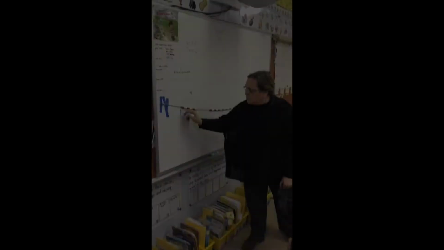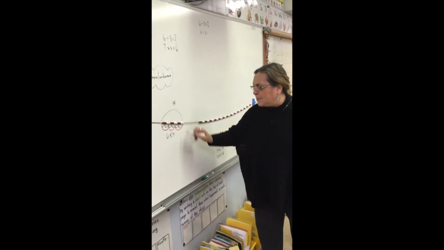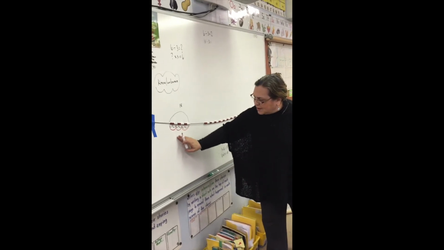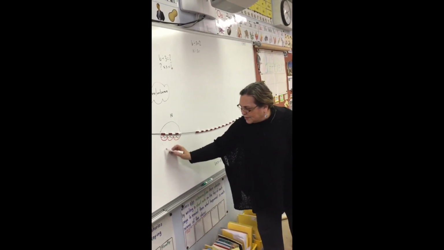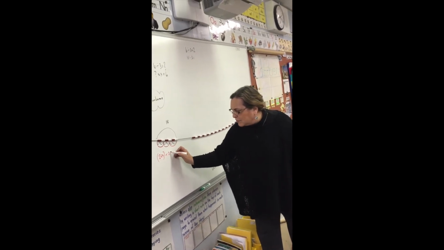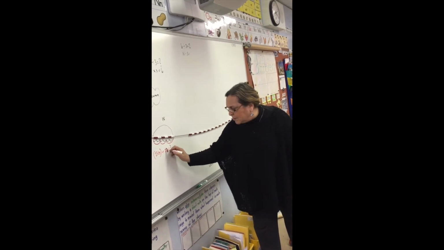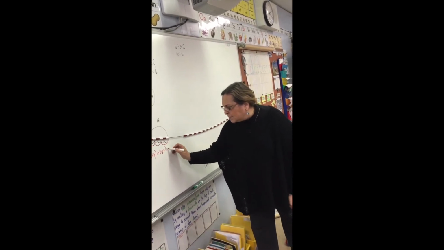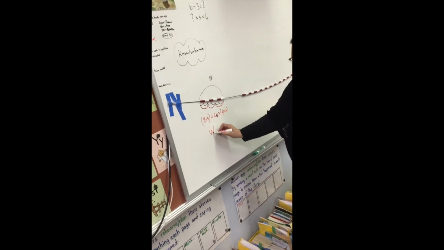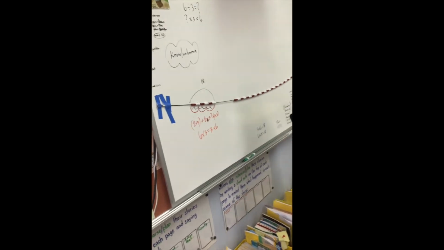Watch this. 2 groups of 3 together. I can think about this as 2 groups of 3 plus 2 groups of 3 plus 2 groups of 3. And that gave me 6 groups of 3, and that was actually equal to 3 groups of 6.